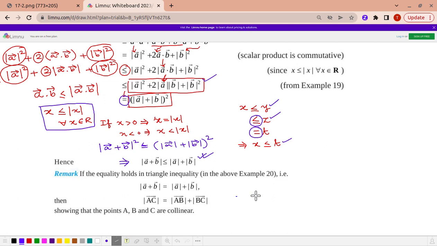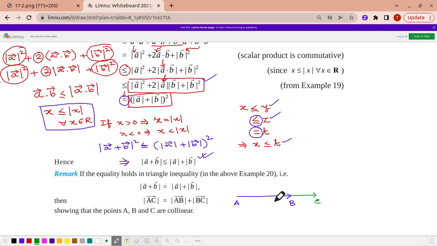Suppose this is the vector AB. A is the initial point and B is the terminal point. Now let's consider another vector BC. Suppose this is the vector BC. B is the initial point and C is the terminal point.